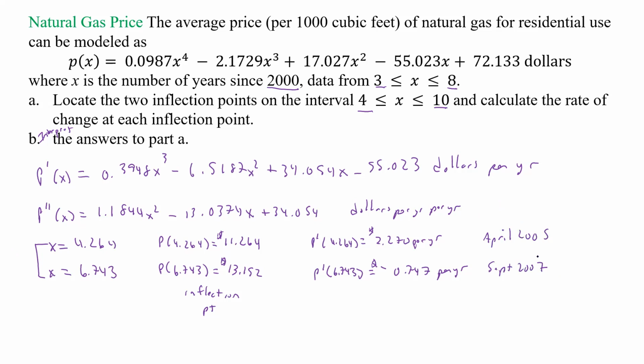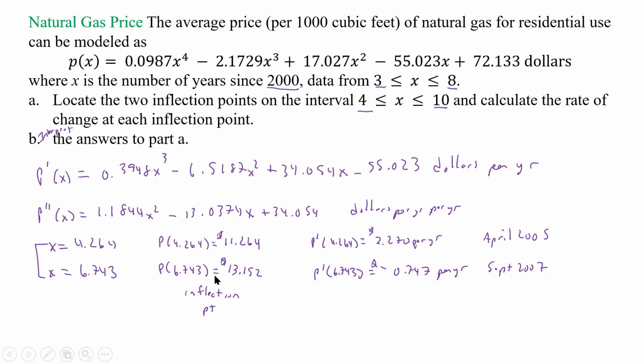All right, so between 2004 and 2010, the average natural gas price per 1,000 cubic feet for residential use was $11.26 in April 2005, and it was increasing by $2.27 per year.